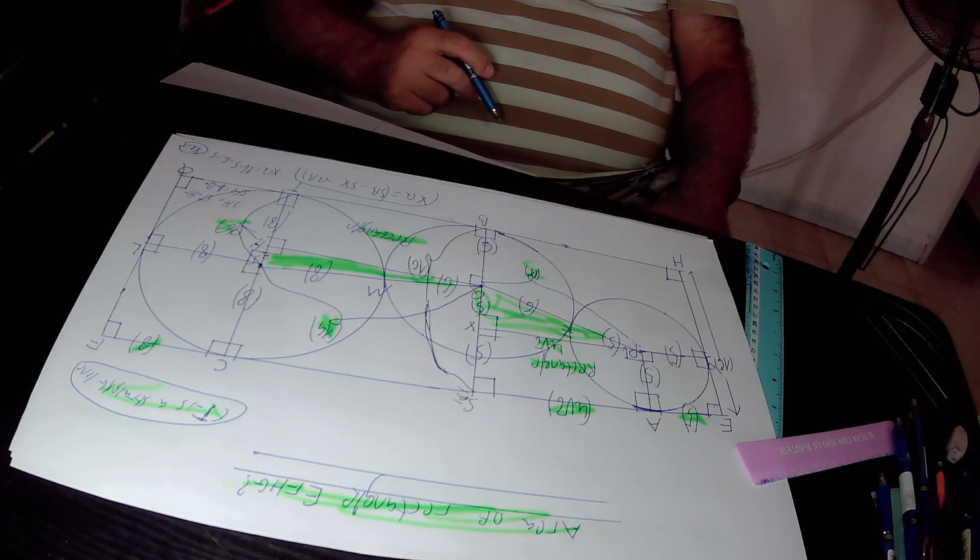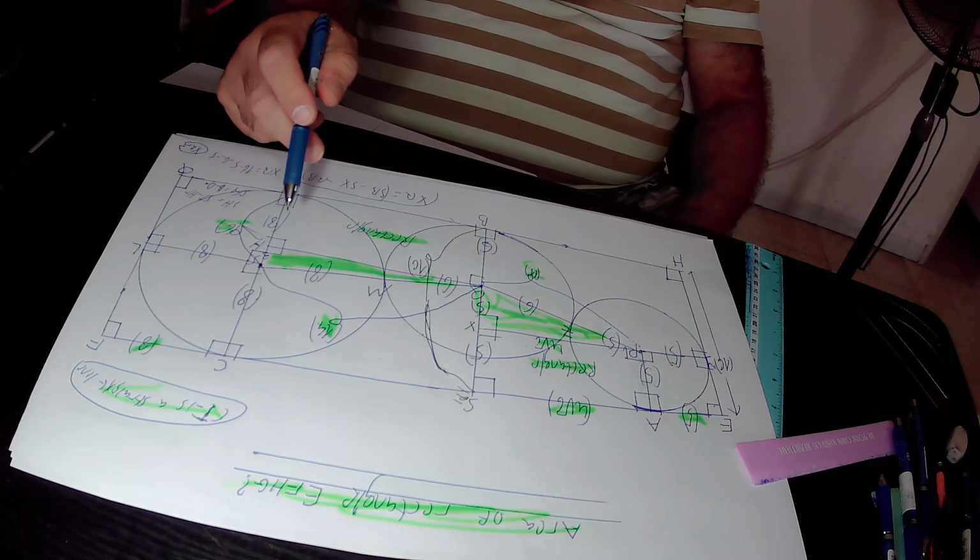Now we implement the Pythagoras theorem on this green triangle SQH.